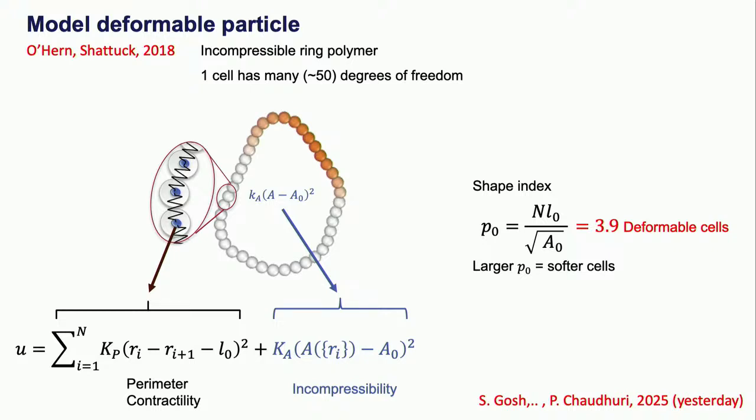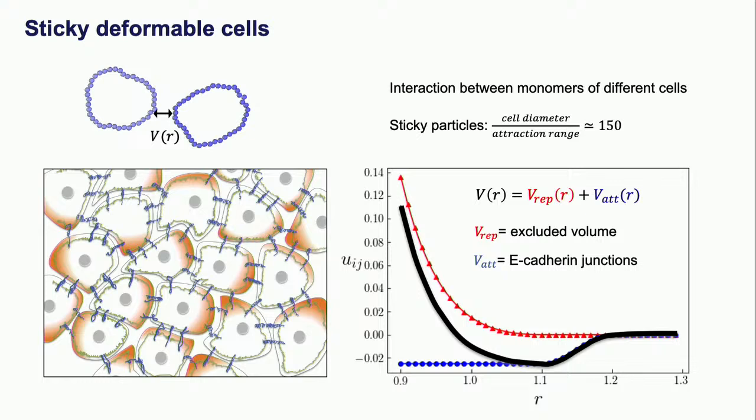How about the interaction? The interaction of the cells, as we mentioned, is driven by the formation of adhesion molecules. So between the membrane beads of two cells, we add an interaction potential, which is an attractive potential.